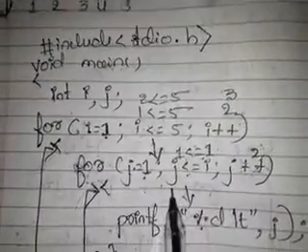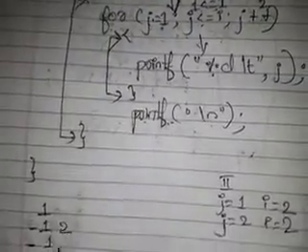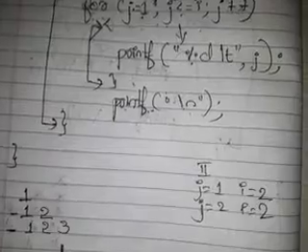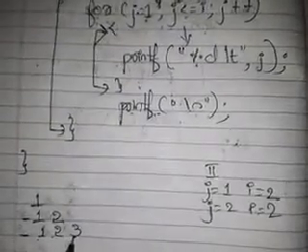Next i plus plus. It will become 3. 3 is less than or equal to 5. Yes, it is true. It will come inside. All the values of j execute. That is nothing but 1, 2, 3. You may question me, madam, why 3? Because we know that this time the value of i is 3. j is less than or equal to 3. In the sense 1, 2, 3. All execute. Okay. Next the value of i becomes 4. 4 is less than or equal to 5. Yes, it is true.